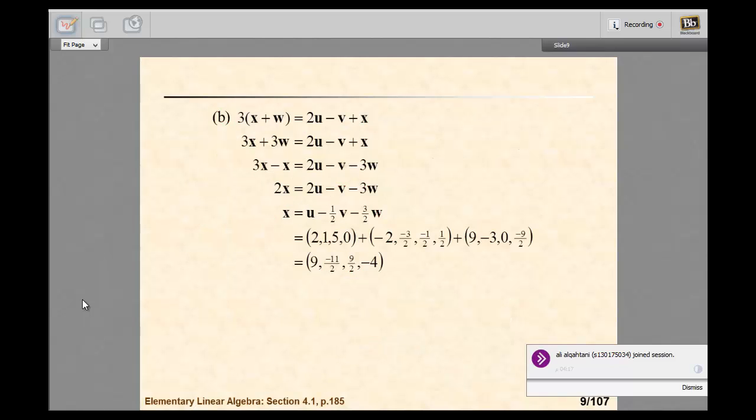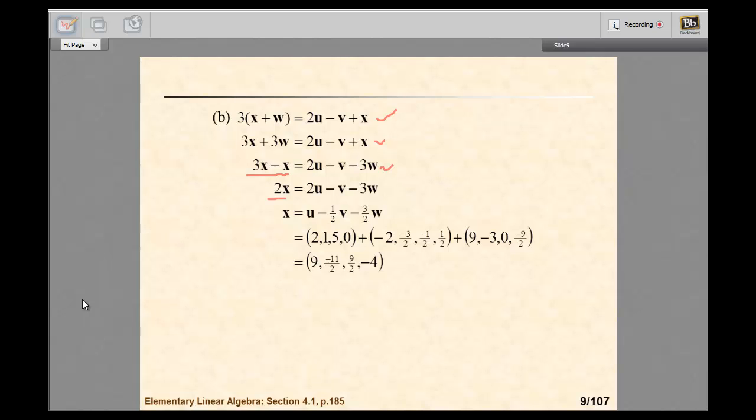Open the bracket and take x on the left side, and whatever the rest of the elements are, take them on the right side. So 3x minus x is equal to 2x. Then just divide by 2, that is, x equals u minus 1/2 v plus 3/2 w. So this is complete.